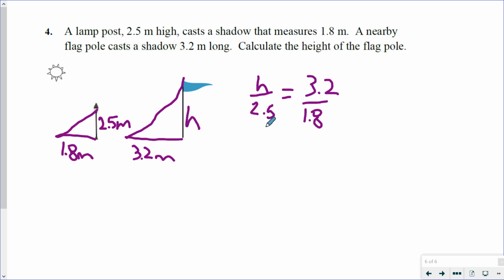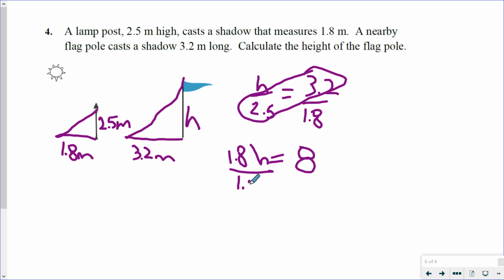If these two things are set equal, cross products are the same. So we're going to multiply 3.2 times 2.5, and that gives us 8. And we're going to set it equal to 1.8 times h. Divide both sides by 1.8.